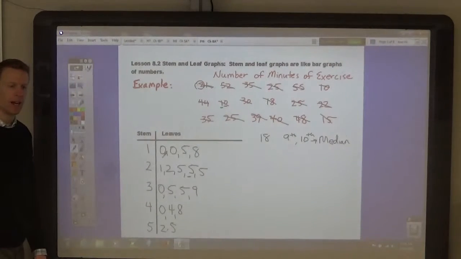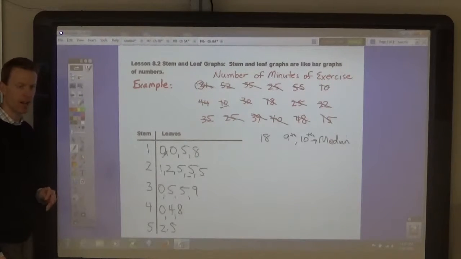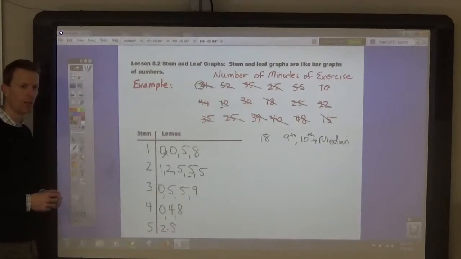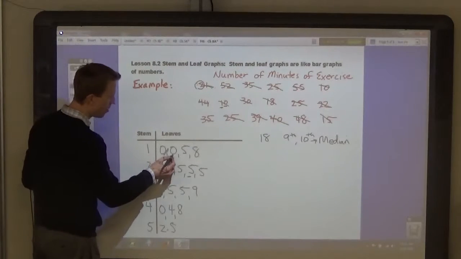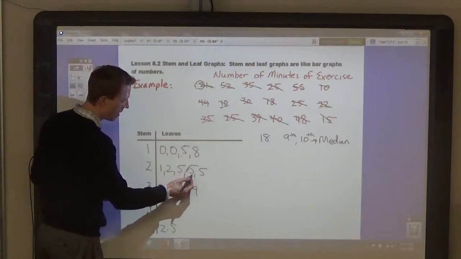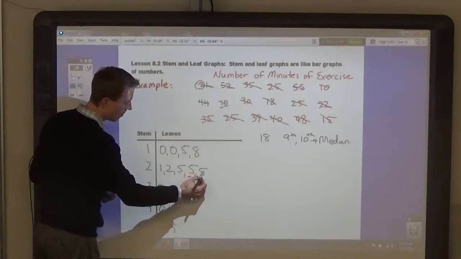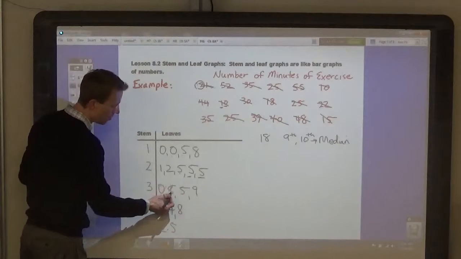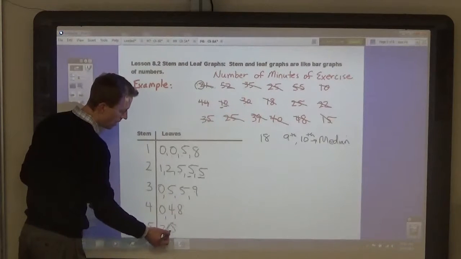And so how many numbers would be to the left of the 9th number? 8. Oh, the 10th number would be, I see, because it's an even number. Right. So 1, 2, 3, 4, 5, 6, 7, 8, 9.